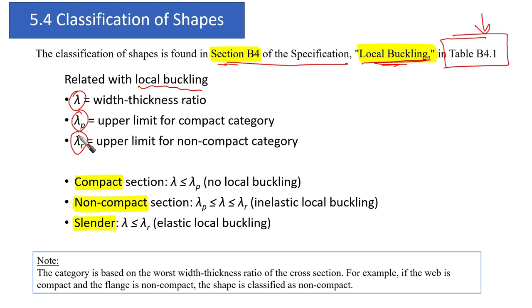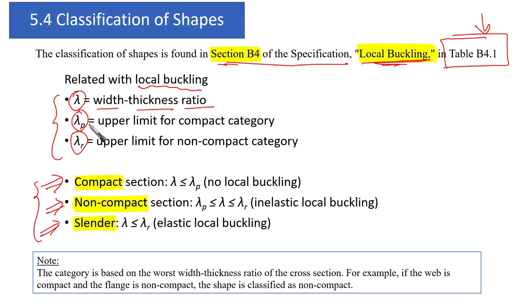The point is, we have three different types of shapes. We call them compact, non-compact, and slender. We are going to distinguish among these three types by using the parameter lambda. Lambda is the width thickness ratio, as we said before, whether for the flange or for the web.